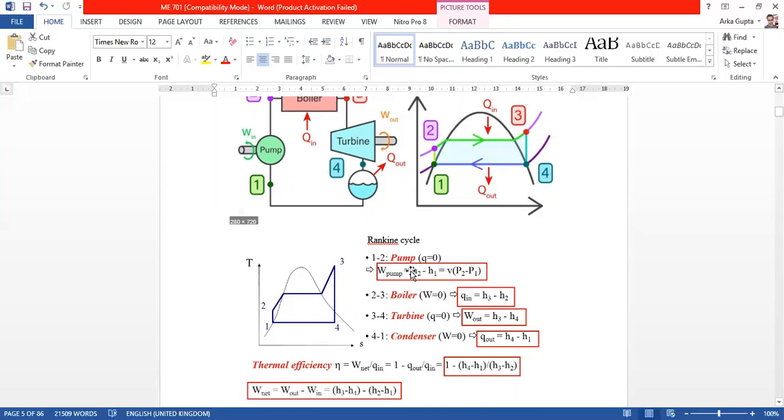It is hf, not h, because hf represents specific enthalpy of saturated liquid.